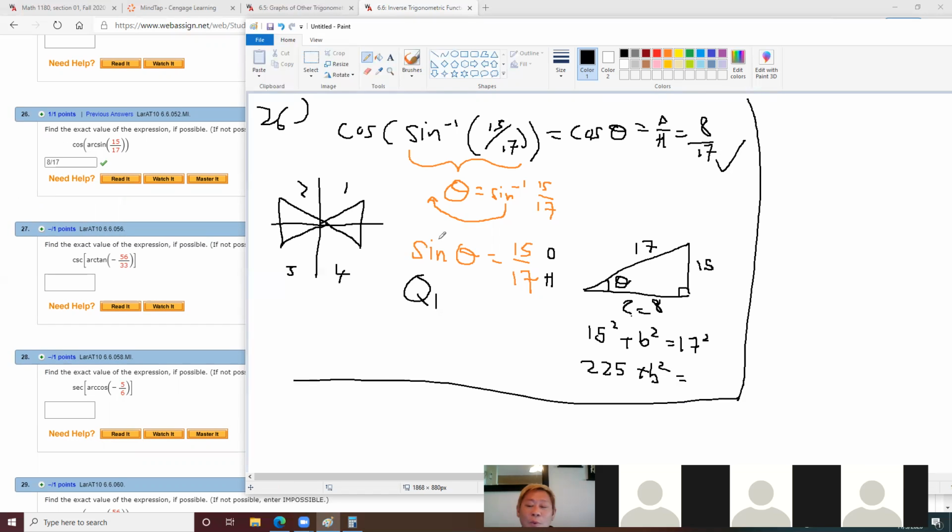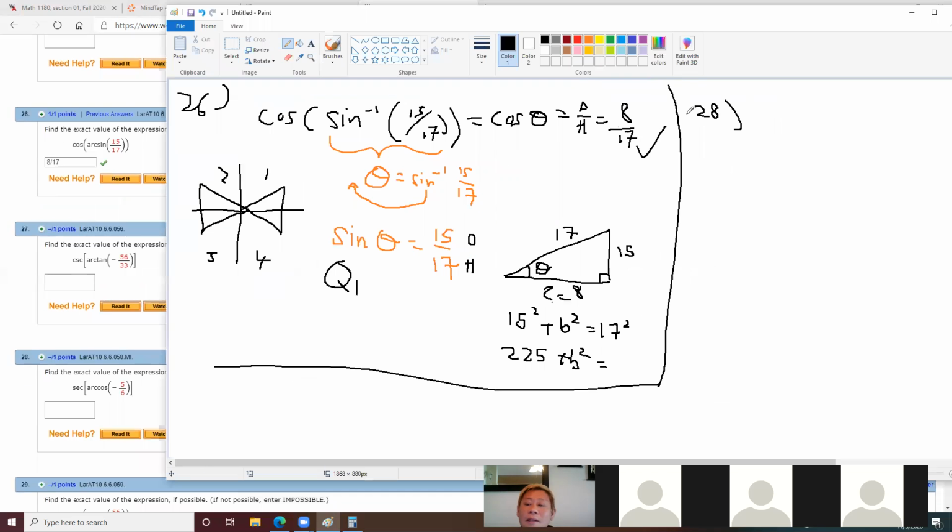Okay, I want you to try 28: secant of arc cosine of negative 5 over 6. Again, you always let this become theta. That's what we just did here. I can give you a hint: cosine is negative in what quadrant?